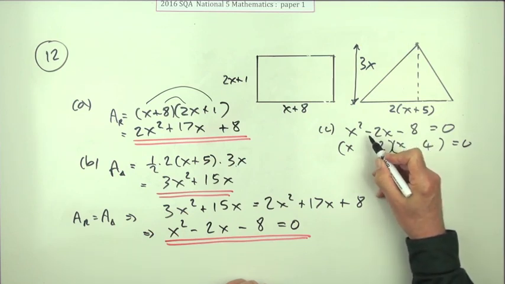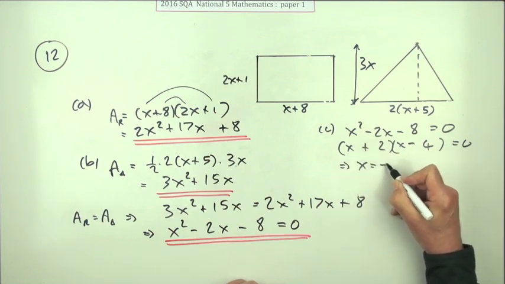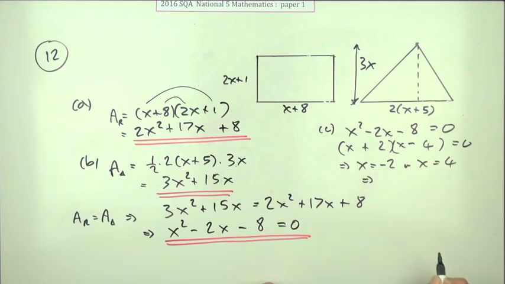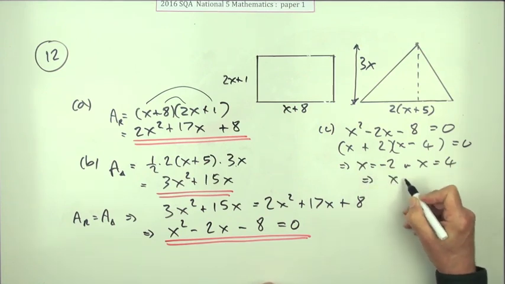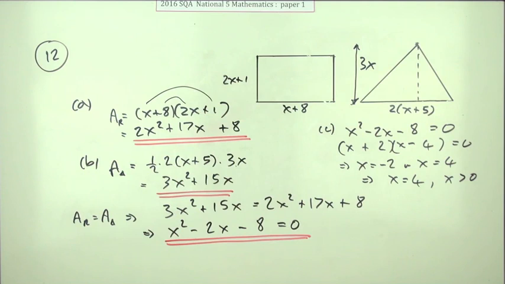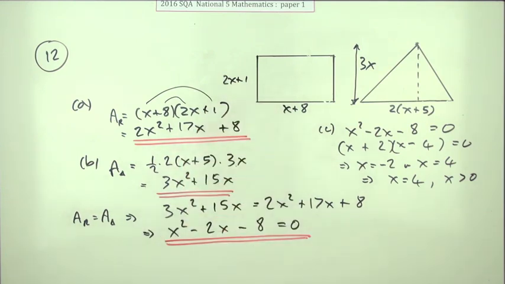The middle term sign goes to the larger one, that says they're opposites, so you get two values out of this: x is negative 2 or x is 4. Well, from that I can say straight away, x would have to be 4 because x is greater than 0. You couldn't have negative 2 in here. You could have negative 2 in there, but you can't have negative 2 in here.